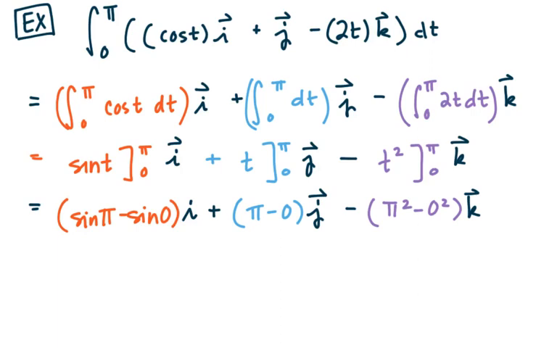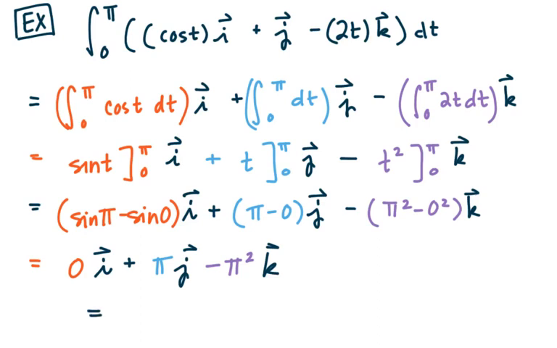So sine of pi is 0 and sine of 0 is 0, so that leaves me with 0 i. I have positive pi times j, and then minus pi squared times k.